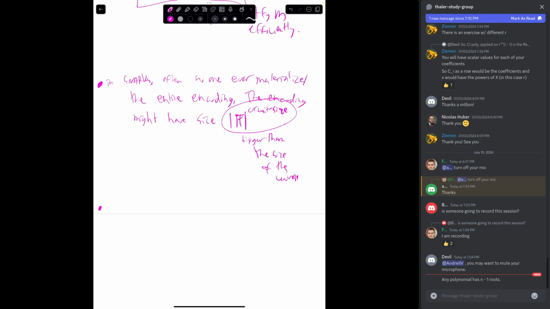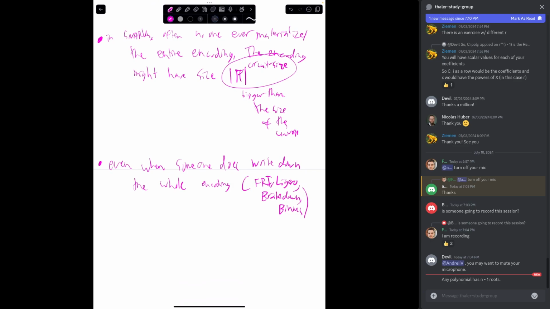But even in settings when someone does have to write down the code word, and this comes up specifically in certain polynomial commitment schemes like FRI, Ligero, Brakedown, Binius, etc., when someone does write down the whole encoding, no one ever decodes.